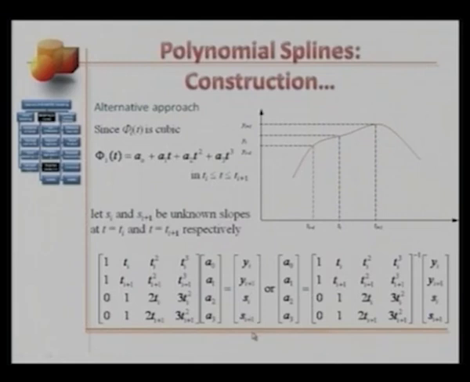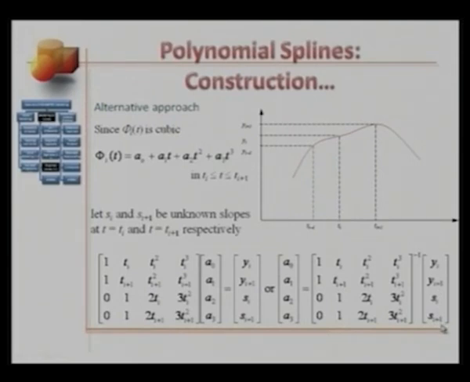We know this column, we know this coefficient matrix, or this 4 by 4 matrix. We can compute what a0, a1, a2, and a3 are, which would be the inverse of this 4 by 4 matrix times y i, y i plus 1, s i, and s i plus 1.